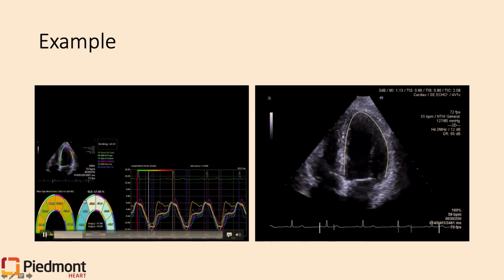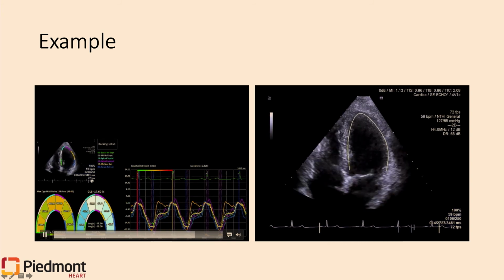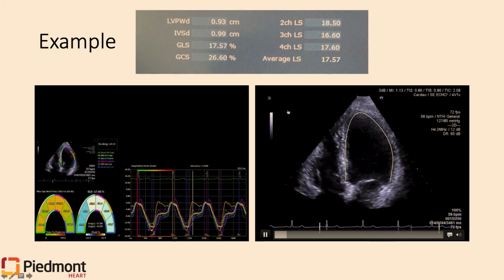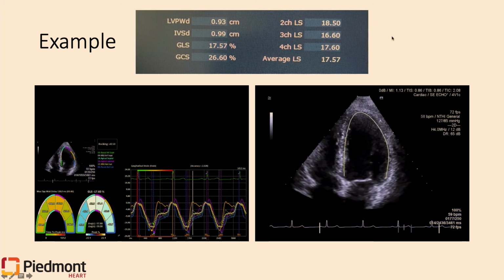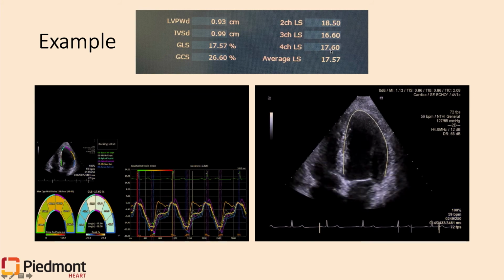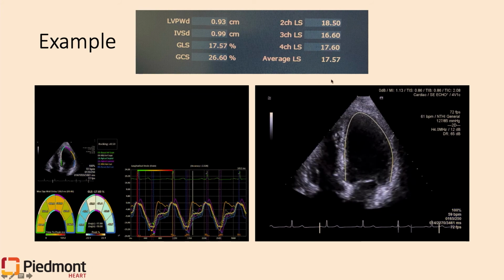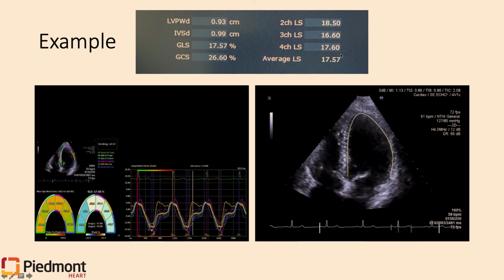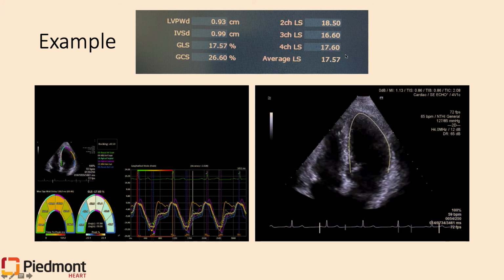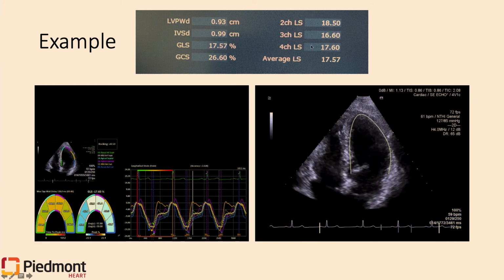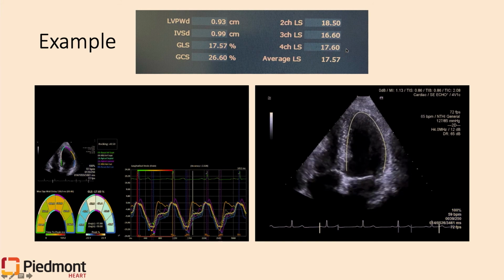In our case here, the individual strain numbers are shown but not averaged, and so under SINGO, we have a separate option in the LV tab under the worksheet where you can put in all 3 different strain numbers. It'll calculate for you an average strain that can then be typed into global longitudinal strain, and that way you don't have to manually calculate this. If you are unable to get all 3 views and you can only get a 4-chamber view, for example, you have the option just to put that 4-chamber view here.